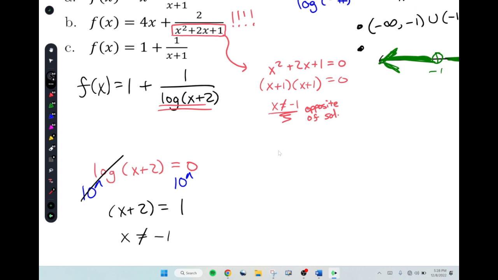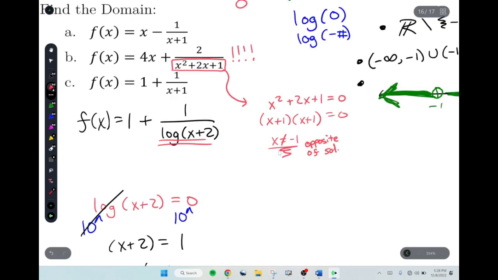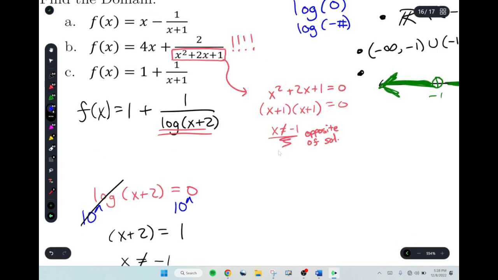So there's one of your restrictions. But we have to be super careful. We have another restriction, which up here I made blue. See that blue restriction up there? It's that this inside right here, x plus 2, has to be strictly bigger than 0.